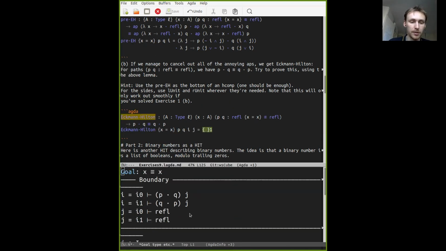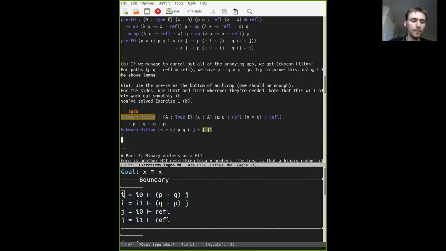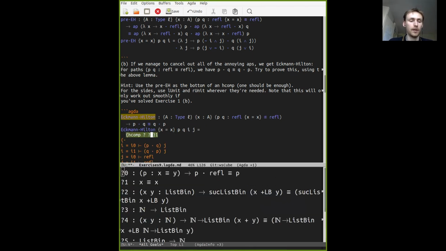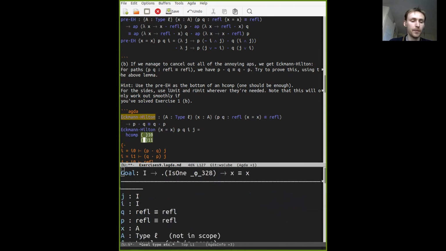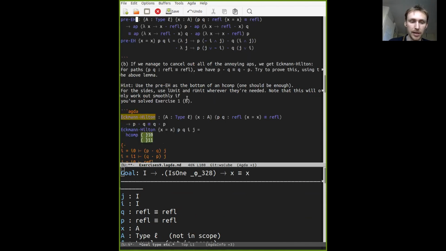Actually, you could introduce a third one, but I actually don't need one. So here's the boundary. Okay, so let's write this as an hcomp. And as my hint, I said let's use the pre-Eckmann-Hilton as the base of this cube. Okay, let's just do it.